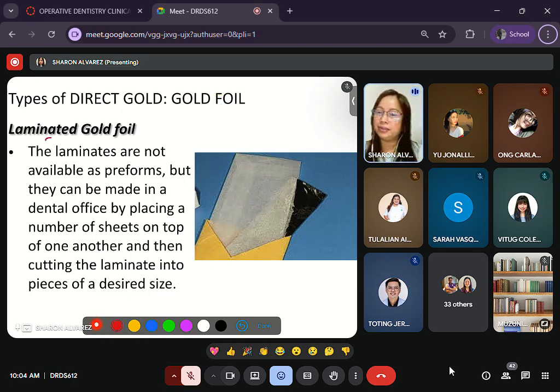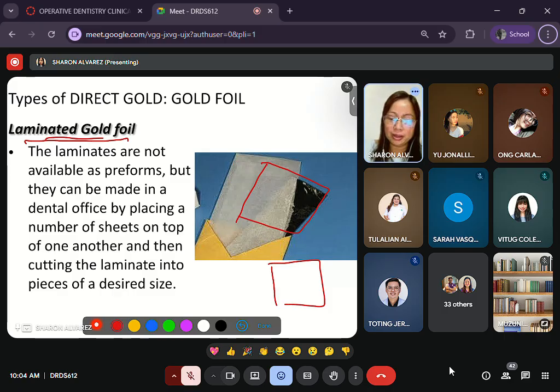When we say laminated, it has been sandwiched during preparation. So how is laminated gold foil manufactured? The laminated gold foil is manufactured by the dentist. What the dentist can do is get sheets of gold together. Sheet number one, and then another sheet of gold on top of the previous, and then the dentist would get another sheet.